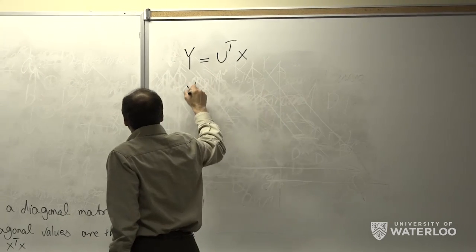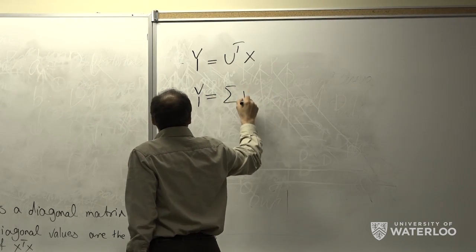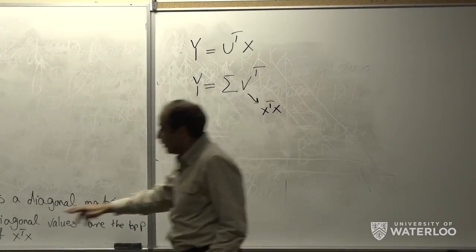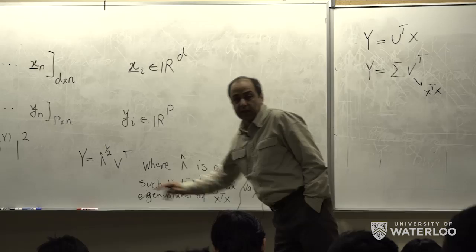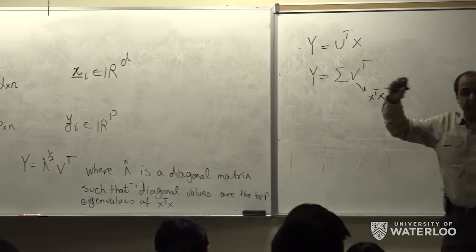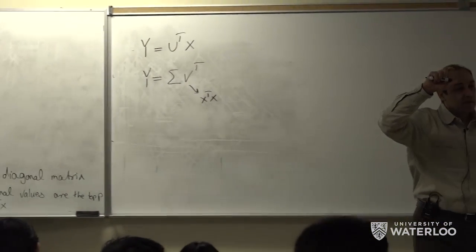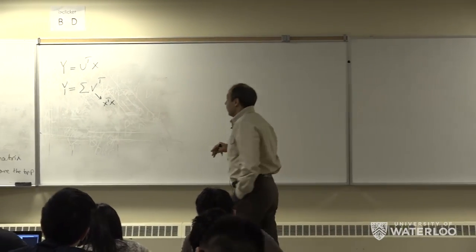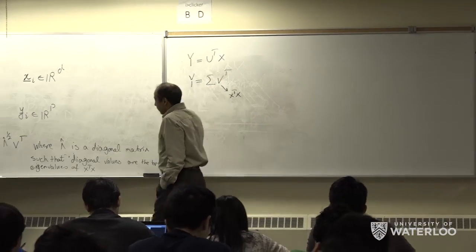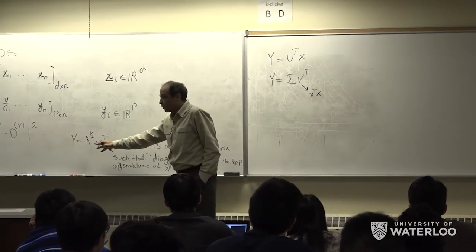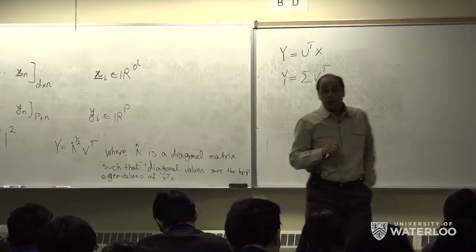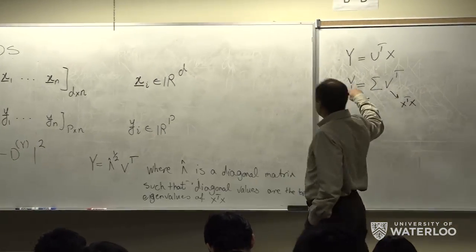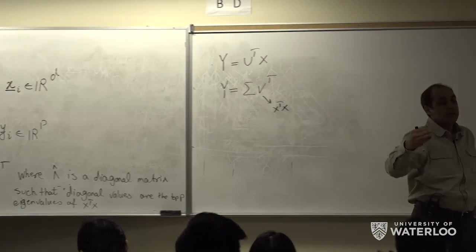In dual PCA, Y was sigma V transpose, where V was eigenvectors of X transpose X. And sigma was the matrix that we computed from singular value decomposition, which has singular values on the diagonal. And singular values are basically the square root of eigenvalues. Okay? So the solution to MDS is identical to the solution of dual PCA.